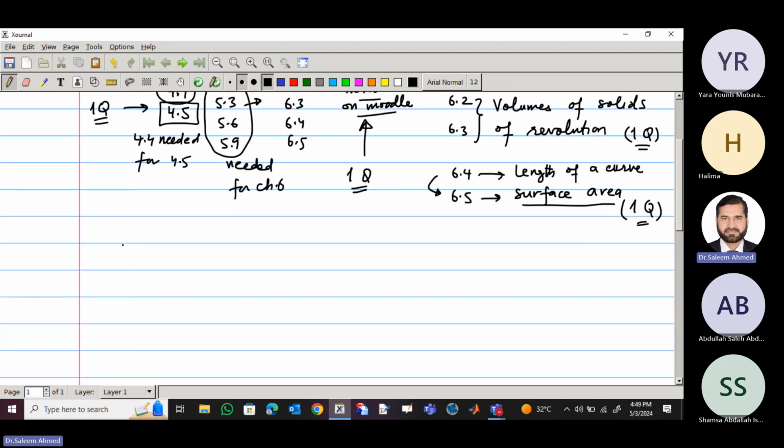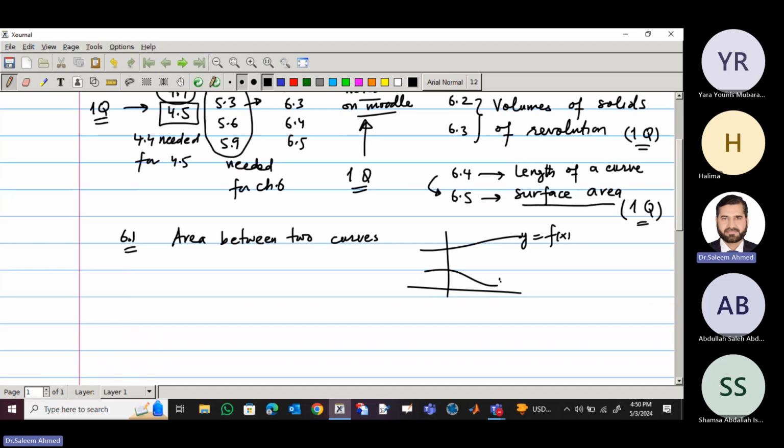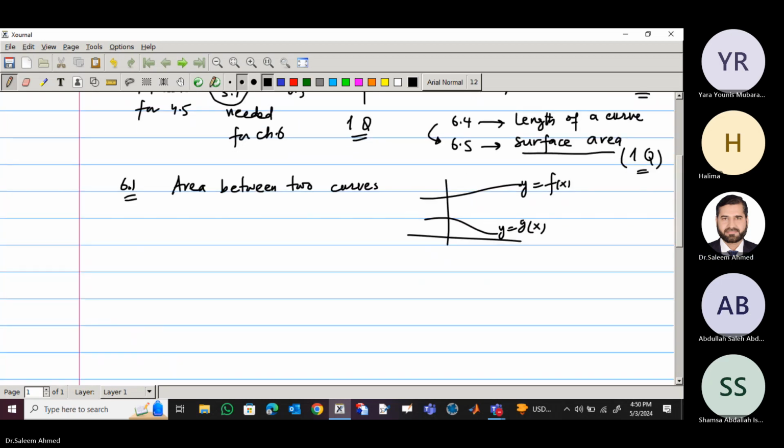Okay, so see in 6.1, you have area between two curves. So if you have two curves given, y is equal to f of x, y is equal to g of x, these are the two curves between the values a and b, this area, you want this area between two curves.